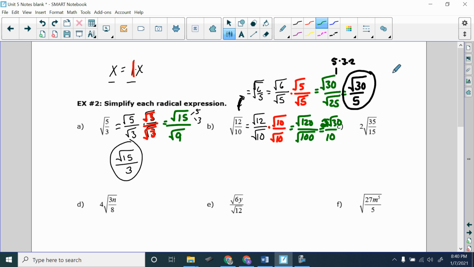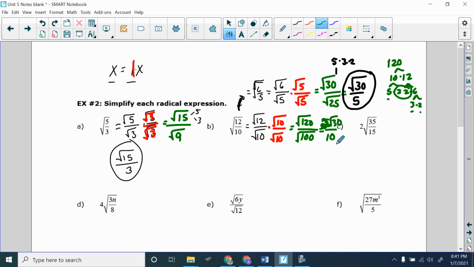I can do that on the side over here. 120 is 12 and 10. It's 5 and 2. It's 2 and 6. It's 3 and 2. Pair of 2's comes out as a 2. 5, 3, 2 is the 30.